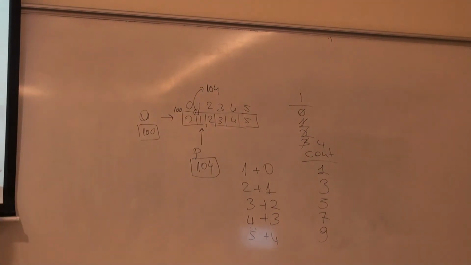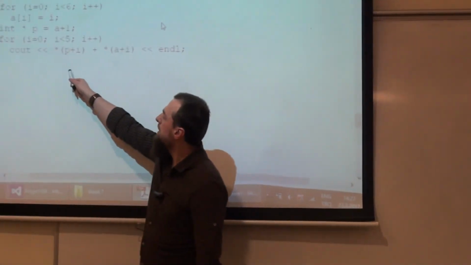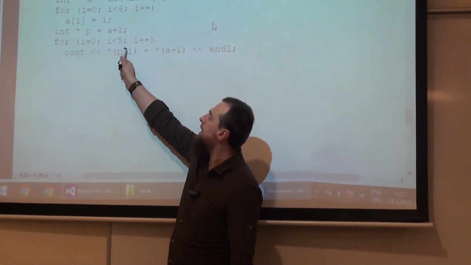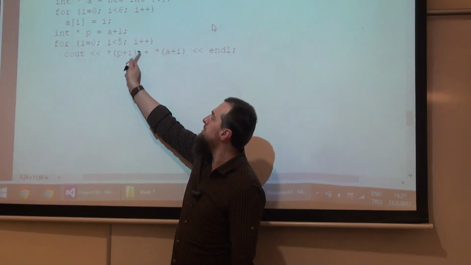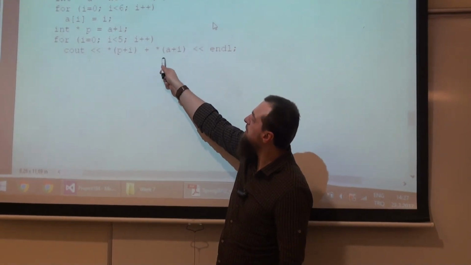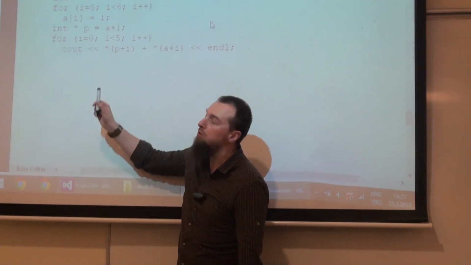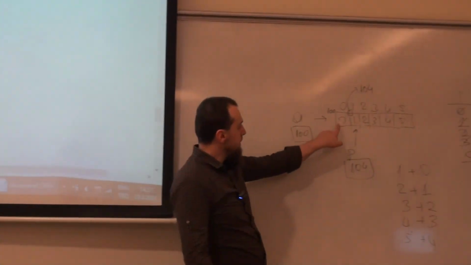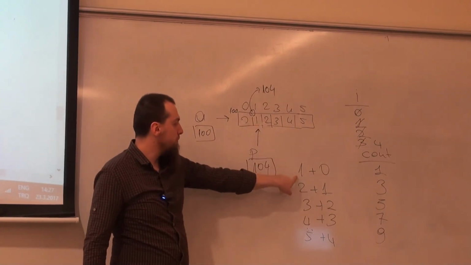Now I'm going to the next for loop, starting from 0 to 4, and I'm printing this stuff: *(P plus I) plus *(A plus I), the value to which P plus I is pointing, added with the value to which A plus I is pointing. Initially, when I is 0, P is pointing here, that's why I have 1.